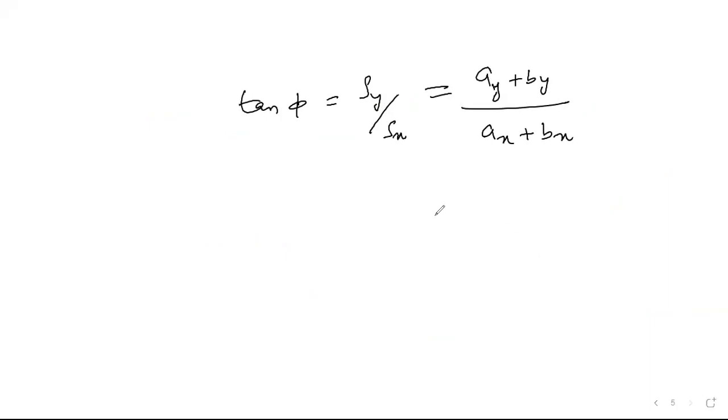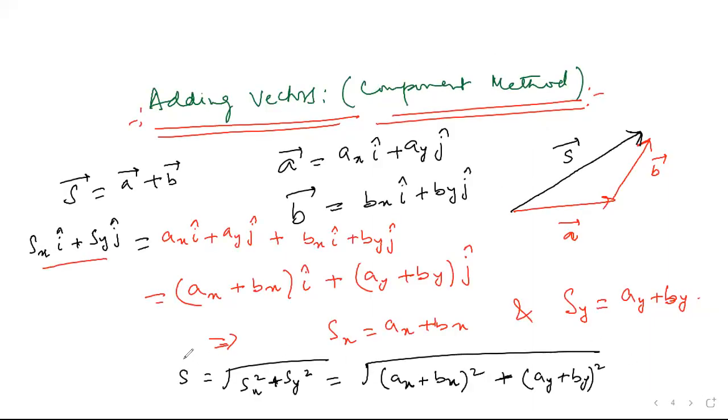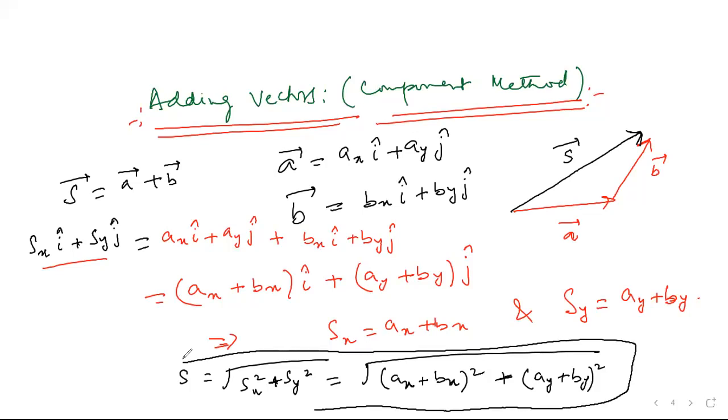So knowing components of A and B, you can find the direction of the resultant and you can find its magnitude also. So you can see how we add vectors using the component method. You simply add the corresponding components.